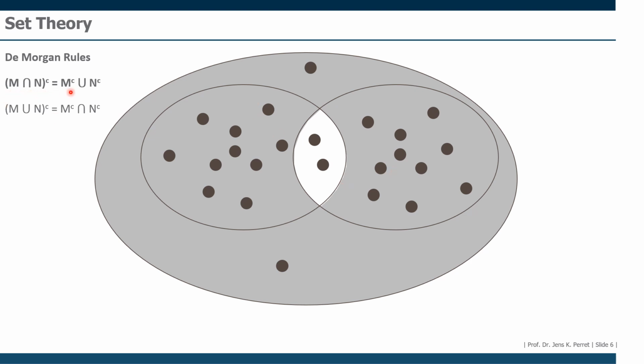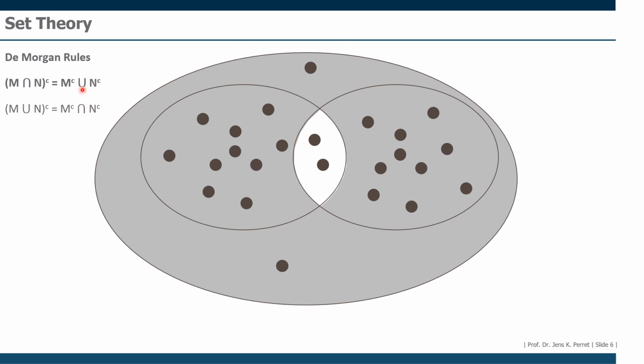How would we get the right side? That's the complement of M. So everything which is not M. That would be everything outside of this part here. So that's more or less those two and those ones. Then we have the complement of N, everything which is not in this part. That's all of these values here.